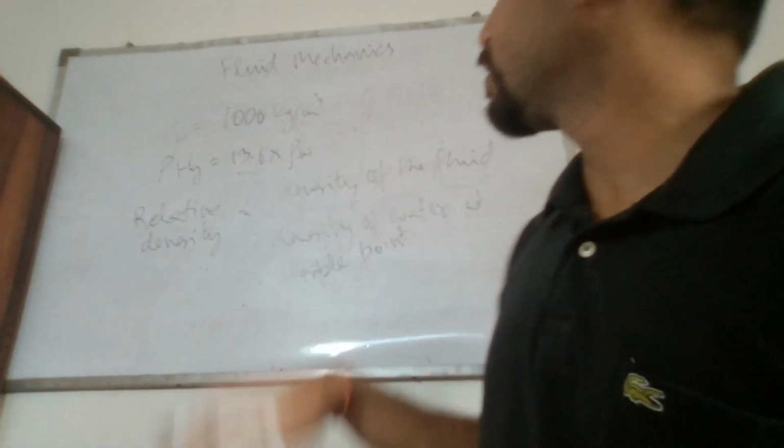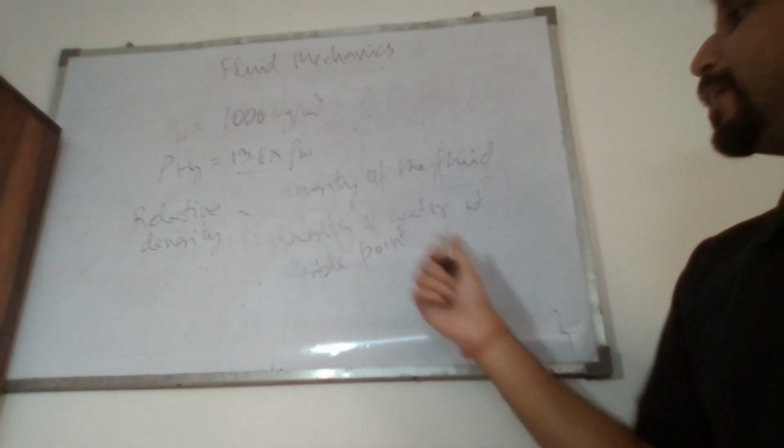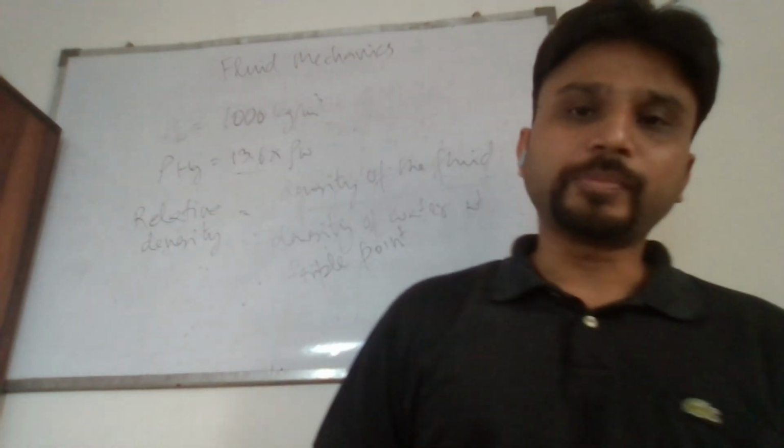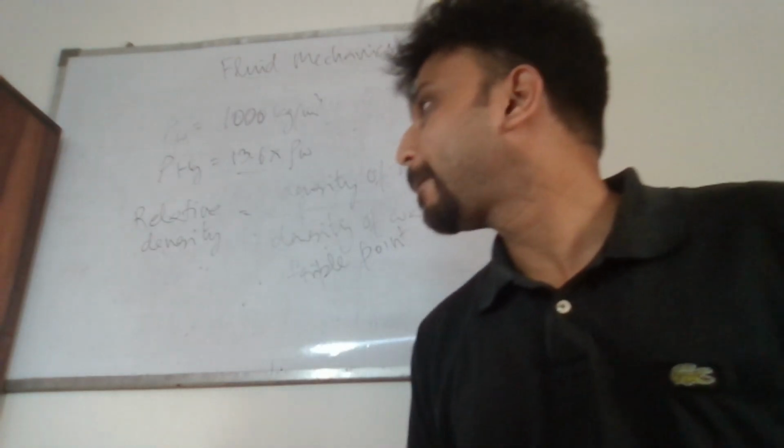If this is not visible, then I'll repeat the statement. It is density of the fluid divided by density of water at triple point. This is defined as the relative density of the substance.